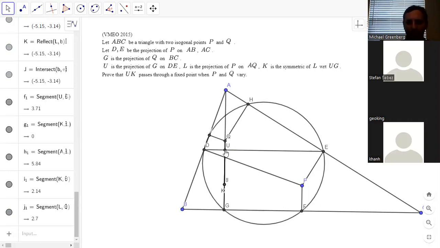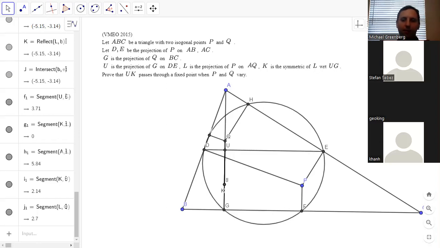L would be the projection of P, so L would be like right here. And K, we know the fixed point must lie on the altitude of ABC, I think. So that tells us it has to be on the altitude.